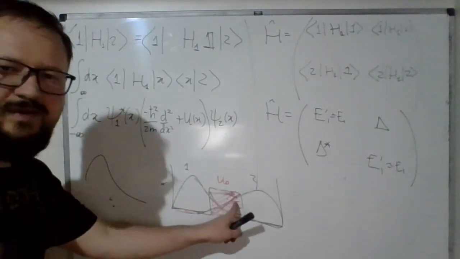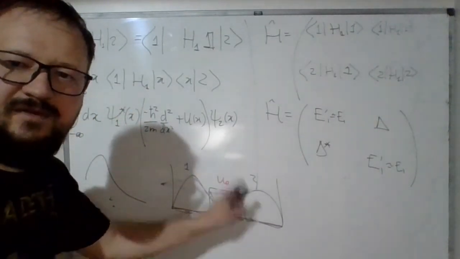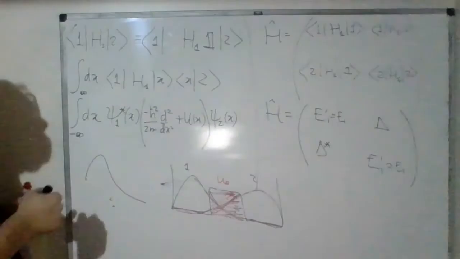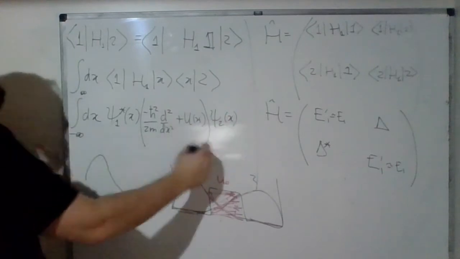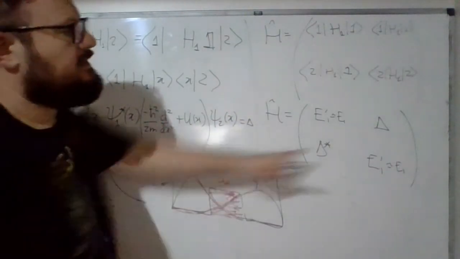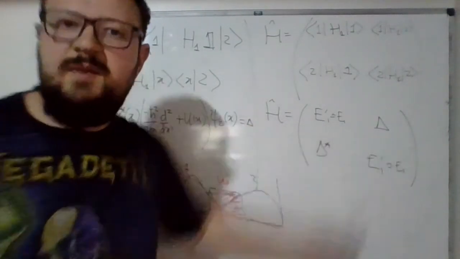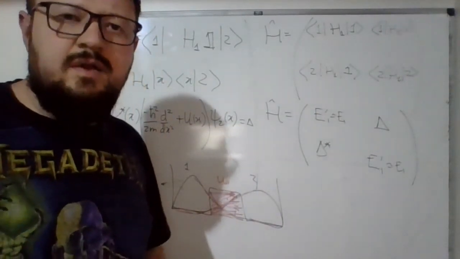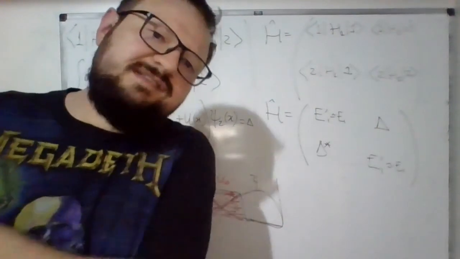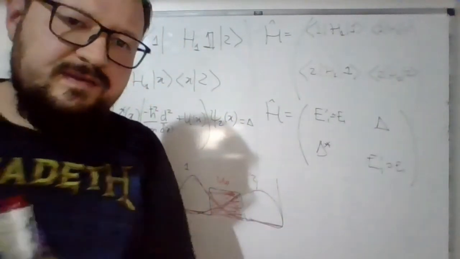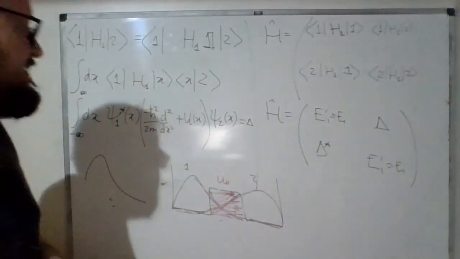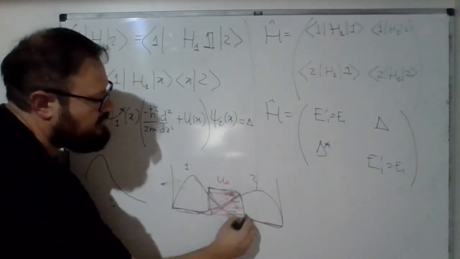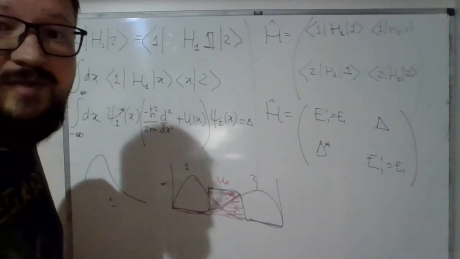So in this region, inside the barrier, the overlap is maximized. And this way, you are calculating by this integral the delta in the two-level problem, because you are expanding the Hamiltonian of your problem, considering a well-known basis from a previous problem. And this is because you are just neglecting some factors. For instance, if you consider the integral only in this region, you are doing some kind of perturbation theory, all right?